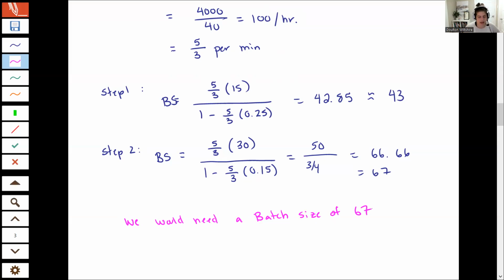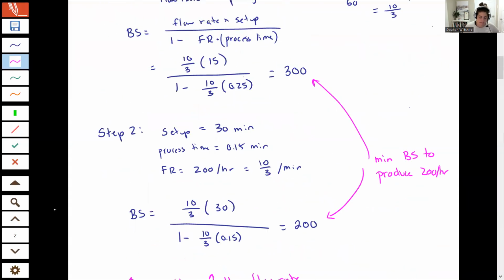You do need to pick the bigger of the two, because these are minimums. You have to meet both minimums. So by picking 67, we met the minimum of 43 and the minimum of 67. Same thing up here: by picking 300, we met the minimum of 300 and the minimum of 200.